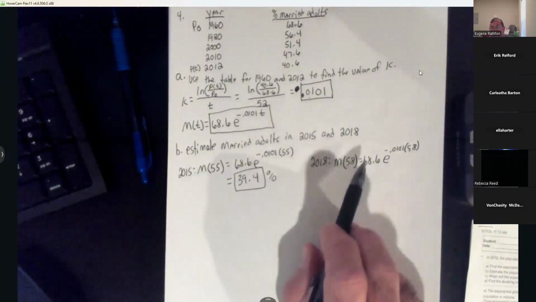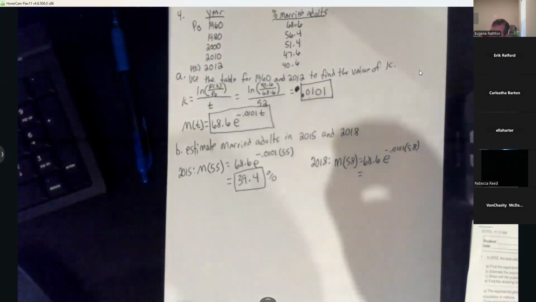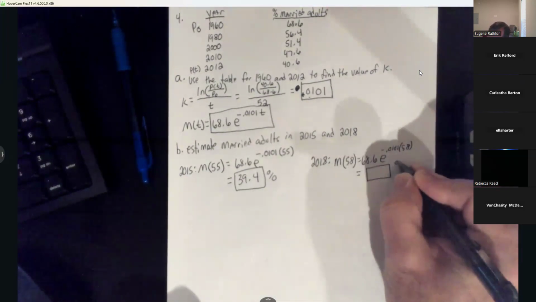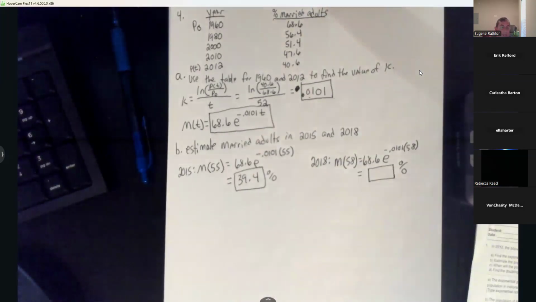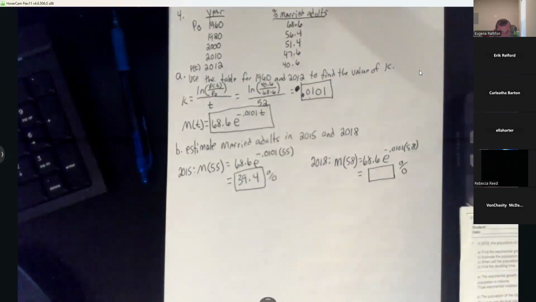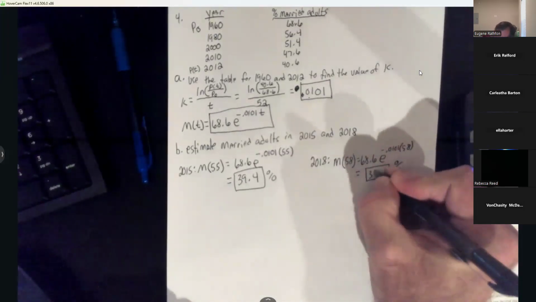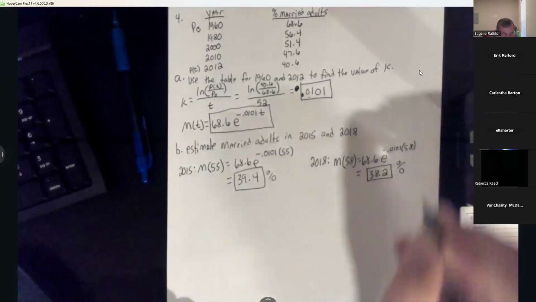So y'all punch that in and tell me what we get for our married percent in the year 2018. 38.2, perfect, y'all. 38.2.